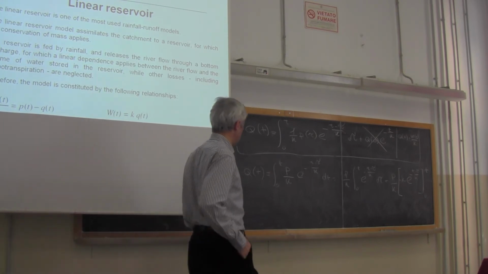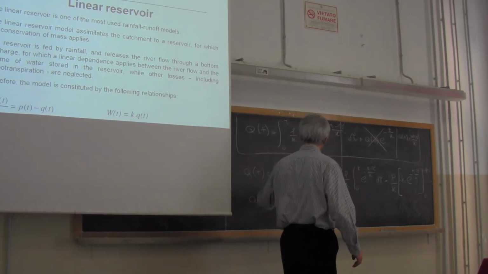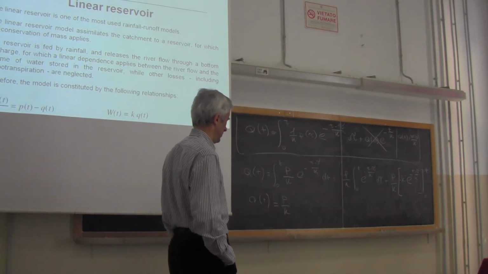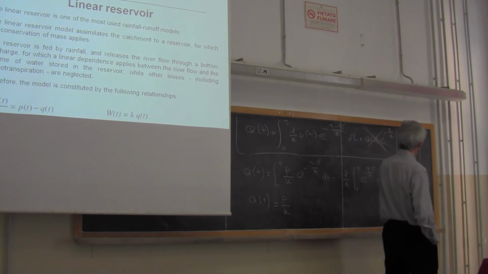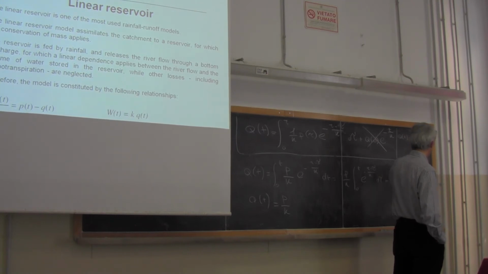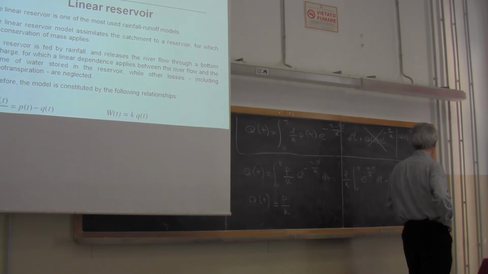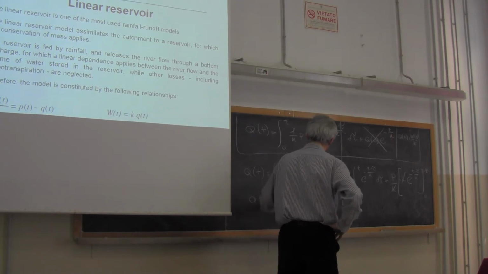Okay, so what is the result? Q(t) is equal to P. Let me put t first. t minus tau, t minus t becomes 0. The K here disappears.